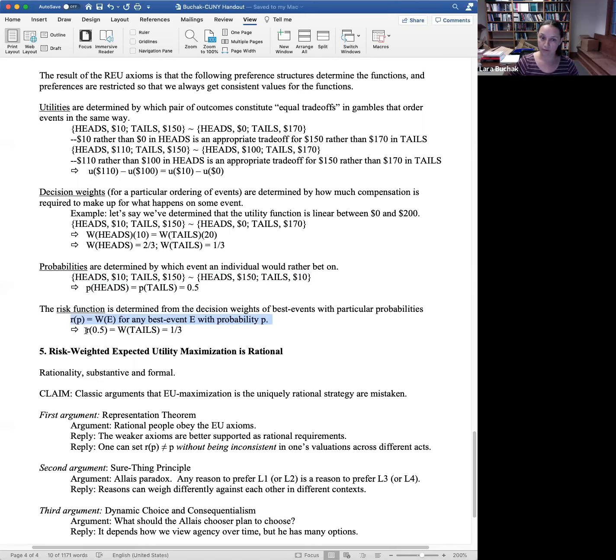So from the above, we can derive that the weight I put on the top 50% of states, I find something that I give probability 50% to, heads and tails. I figure out how much weight it gets when it's the best state, 1/3. So the risk function of 0.5 is going to be 1/3, indicating that I put weight 1/3 on the top 0.5 states.